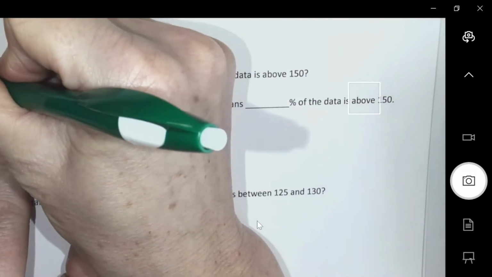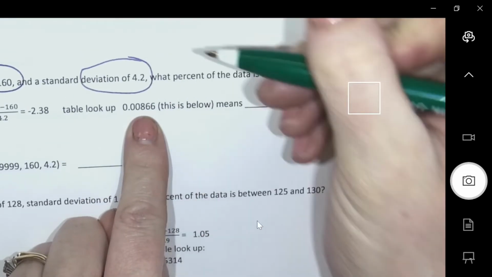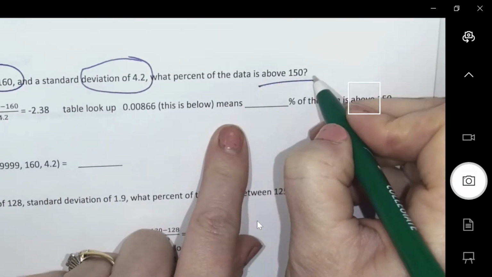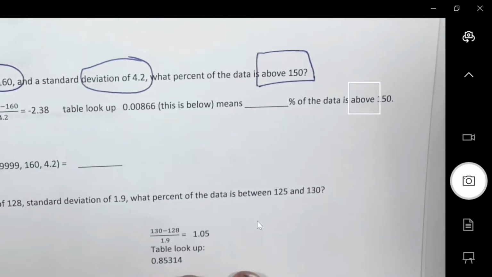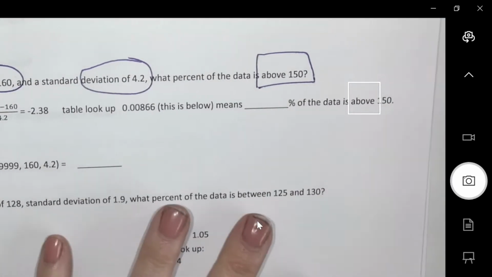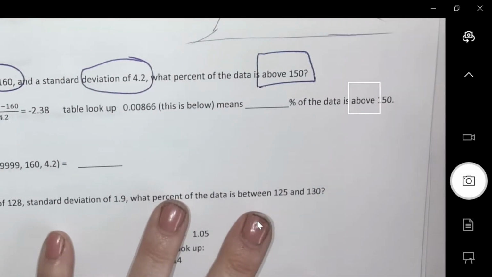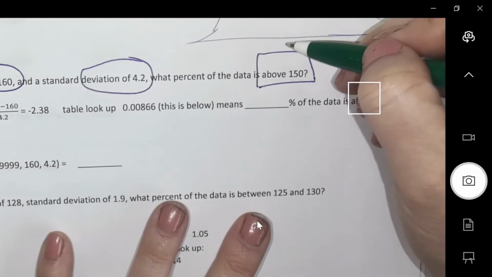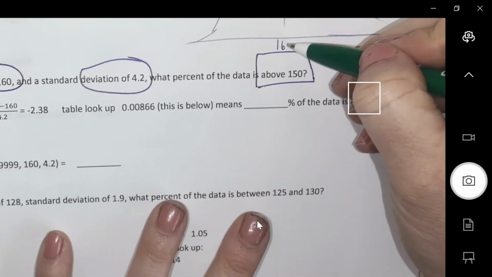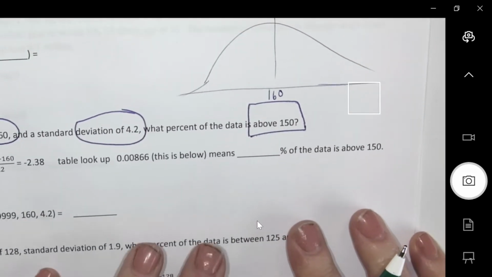We have a mean of 160, a standard deviation of 4.2. What percent is above 150? So here is the mean.